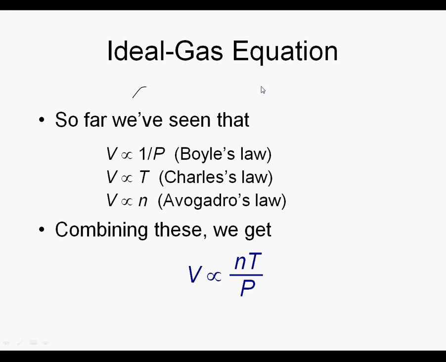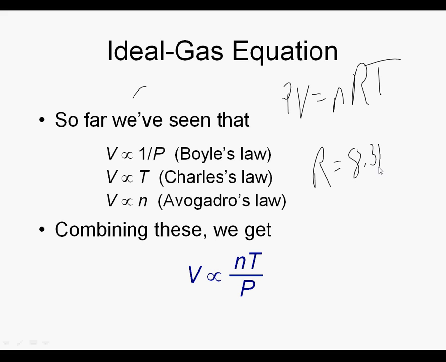And we get to the ideal gas equation. PV equals nRT. The trick here is to keep your R constant. R is 8.314 liters times kilopascals divided by mole Kelvin.